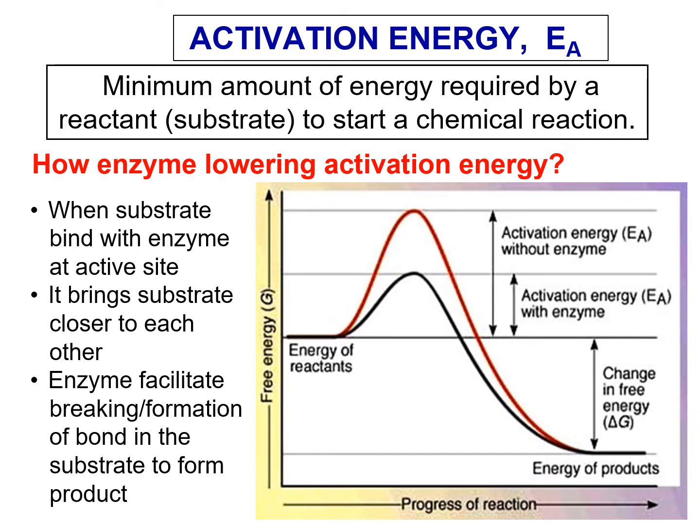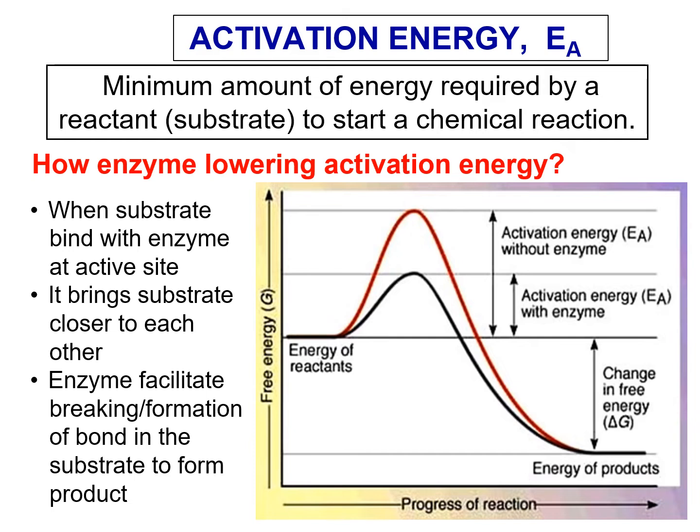Let's look at activation energy. The symbol is EA, energy of activation. Activation energy is the minimum amount of energy required by a reactant or a substrate to start a chemical reaction. So how does enzyme lower the activation energy?